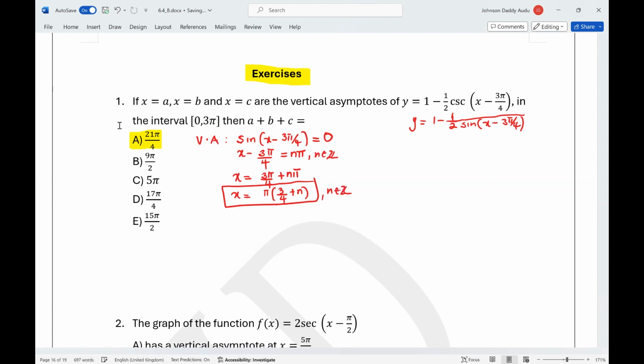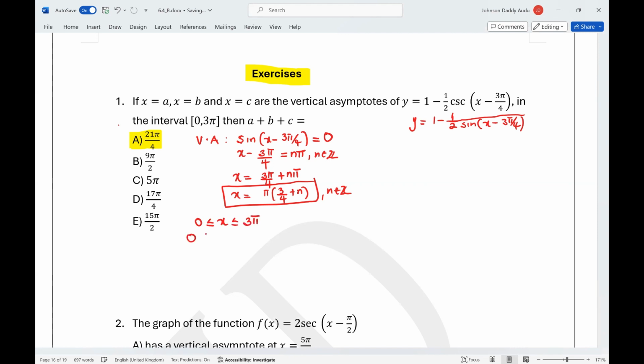So this is the general equation for the vertical asymptotes, but we're interested in the vertical asymptotes that are between 0 and 3 pi. So we want x to be between 0 and 3 pi.